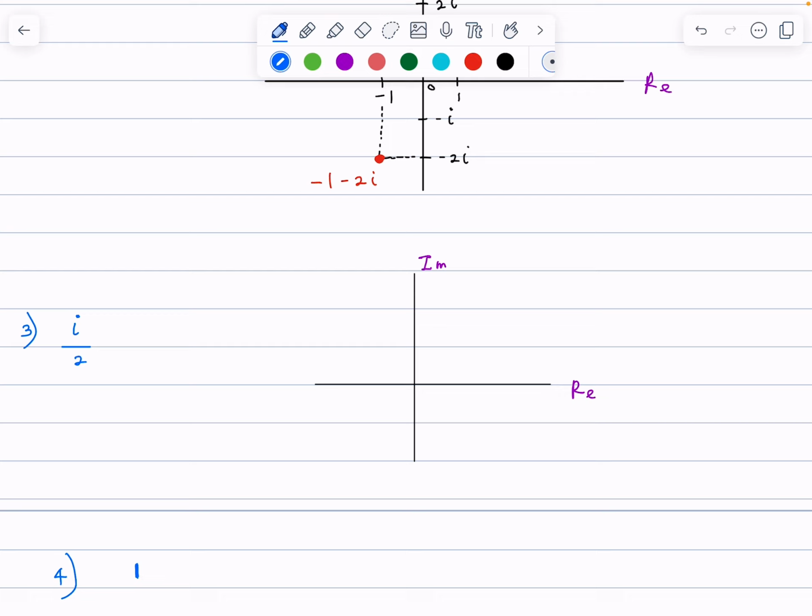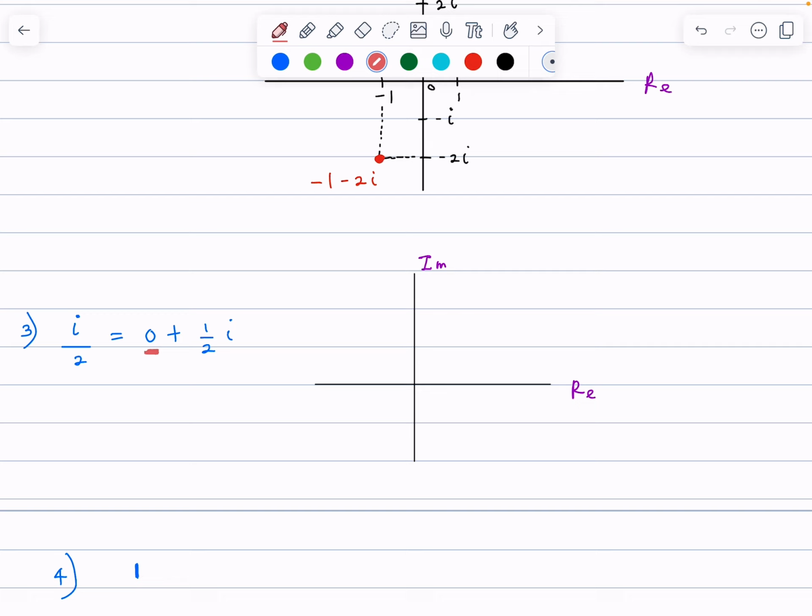So this is the same thing as 0 plus, i over 2 can be written as 1 over 2 i. Now this 0 is the real part.